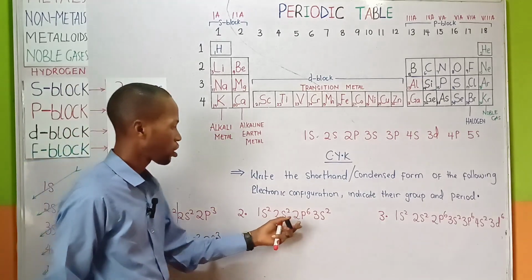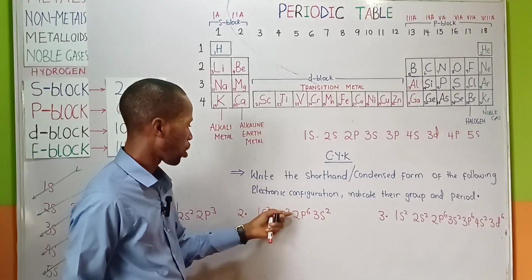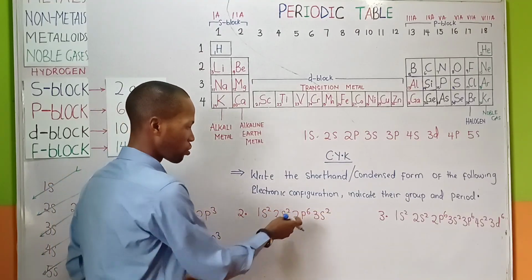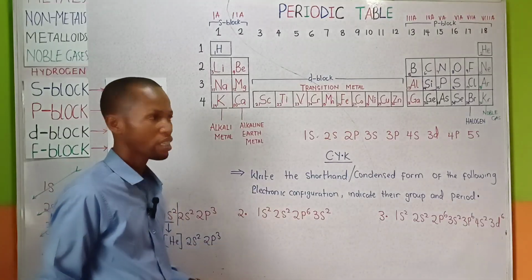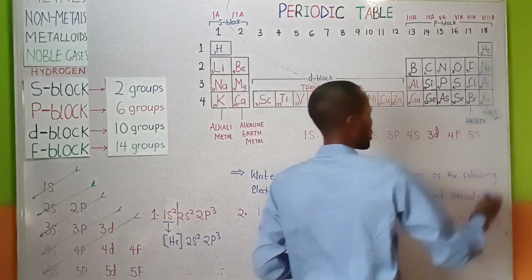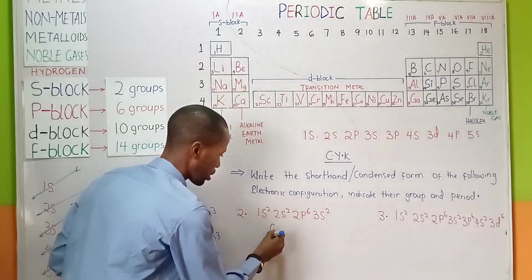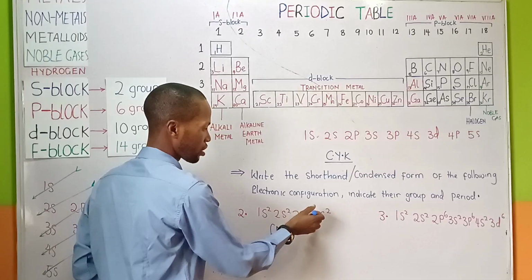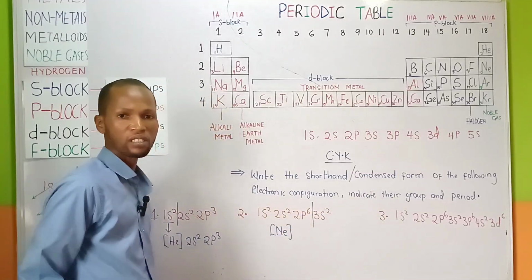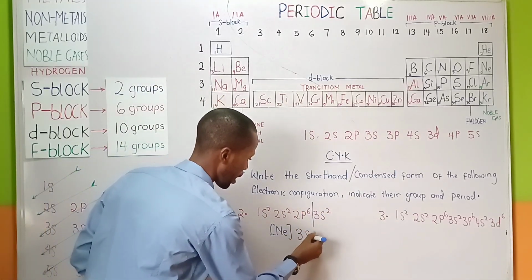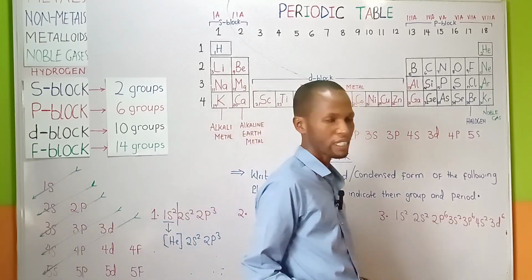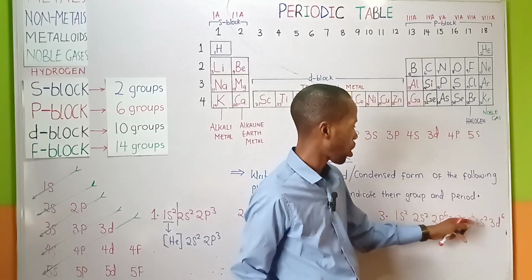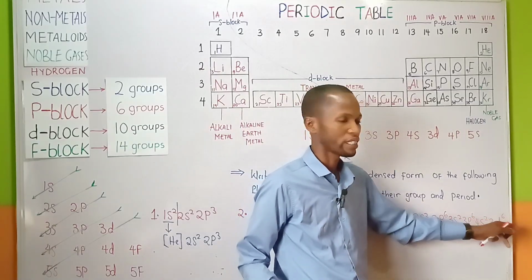We can also attempt this: 2 plus 2 plus 6, that's 10, plus 2, that is 12. So the noble gas that is contained in this configuration is neon with atomic number 10. So we write neon. So this is the valence configuration, 3s2. The next one right here, we are having 2 plus 2, 4, plus 6, 10, 12, 18, 20, 26.